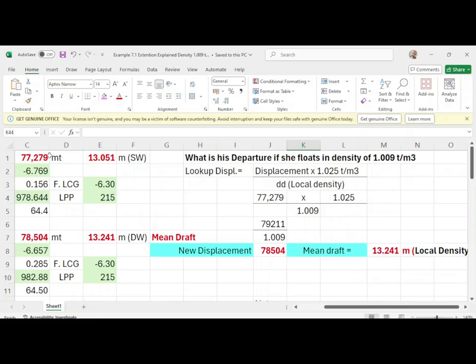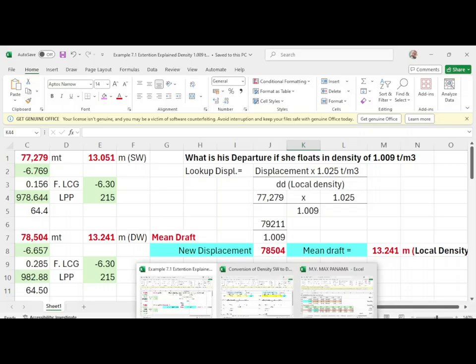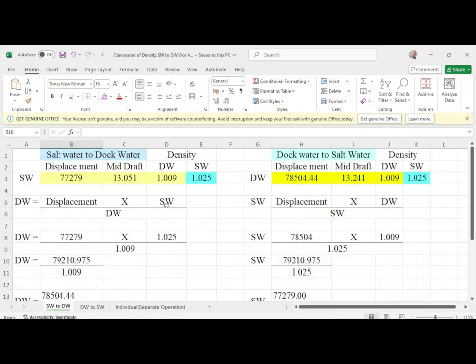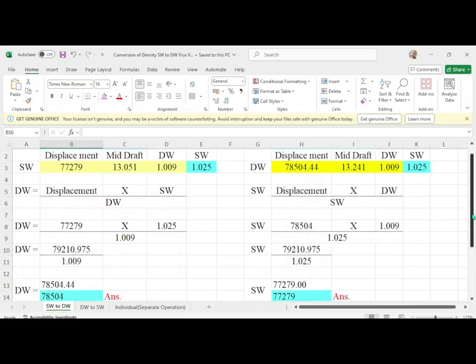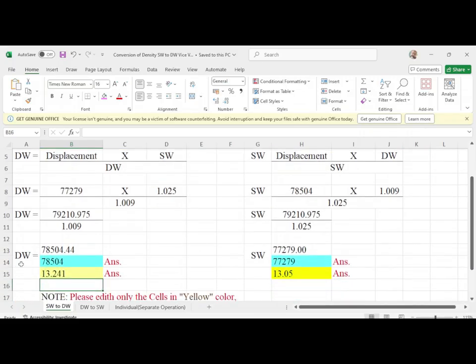We will derive the same answer with this one: you put 77,279 times salt water 1.025 over your dock water density of 1.009, and the answer would be a dock water displacement of 78,504.